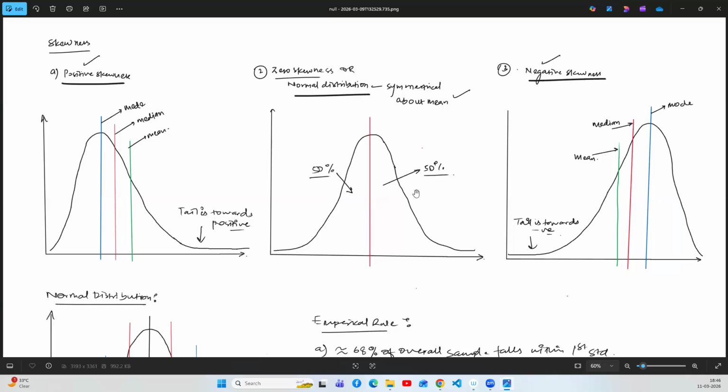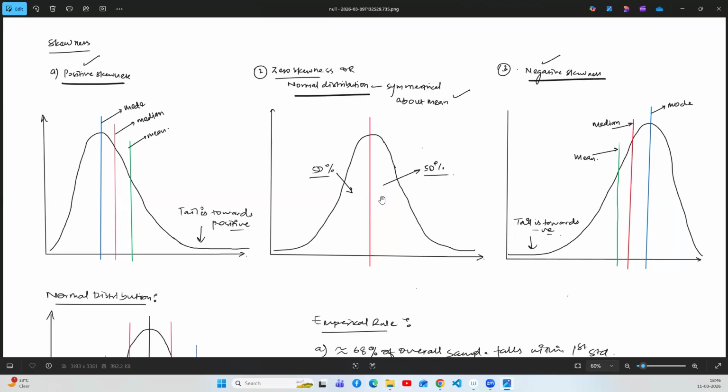The data is not skewed, but it is split, or symmetrical about the mean. This is one of the key characteristics of normally distributed data.